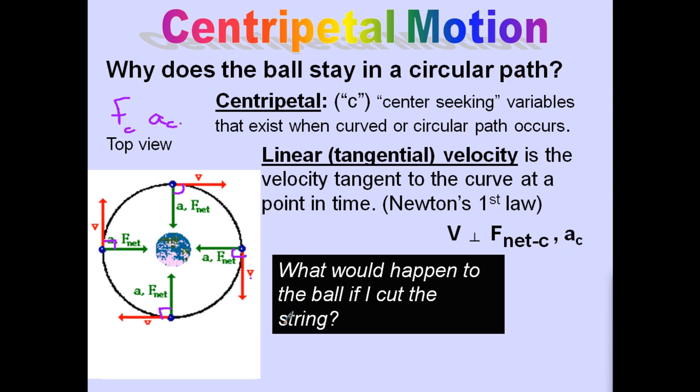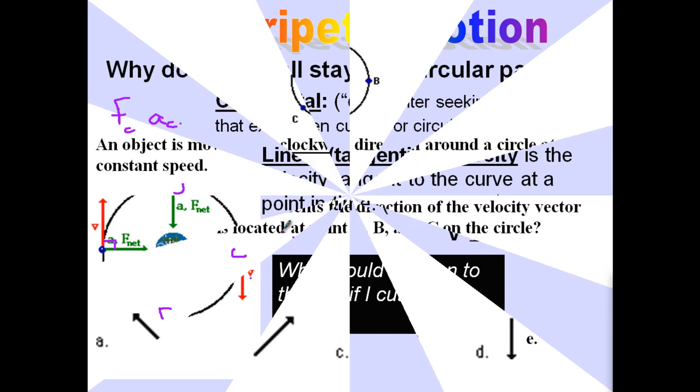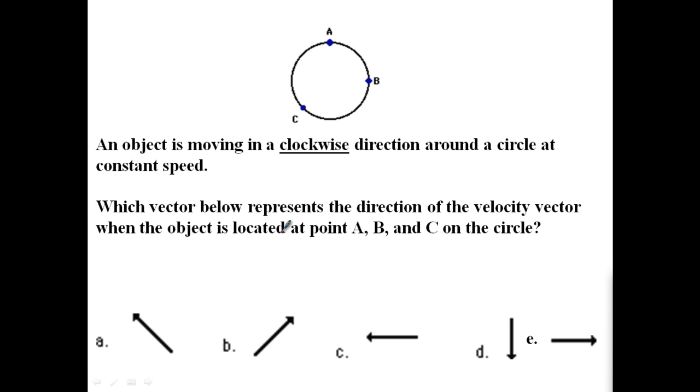So what would happen if I'm swinging a ball on a string and I cut the cord? Which path is the ball going to take? So this object, it's on a string and it's going clockwise. Alright, so if I cut the string at A while it's going clockwise, which direction is it going to go?